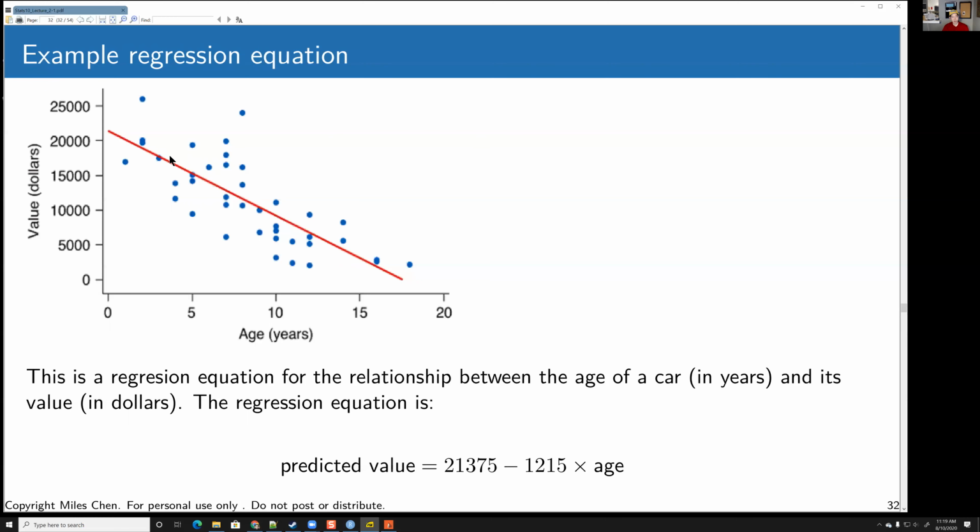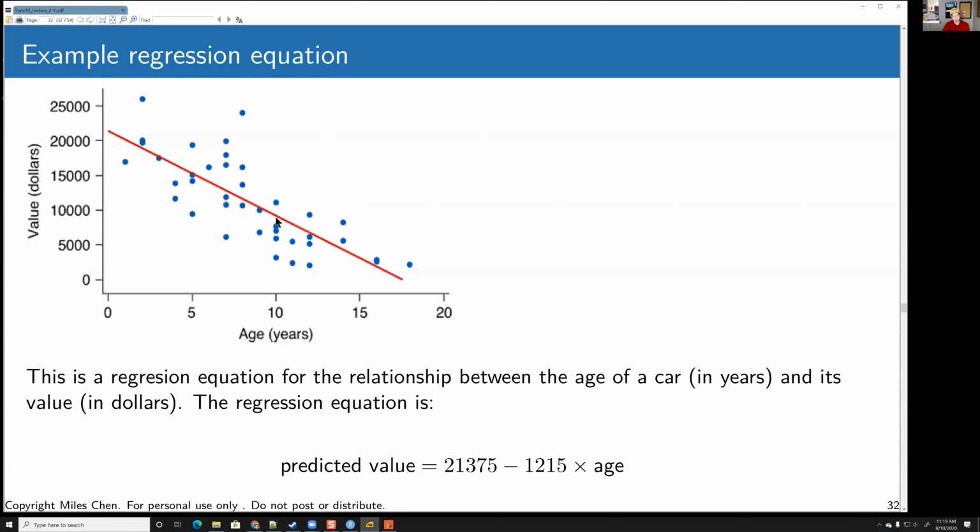Which basically means each year that goes by, we predict the value of the car to go down about $1,200. When the car is new, we predict it to be worth around $21,000.